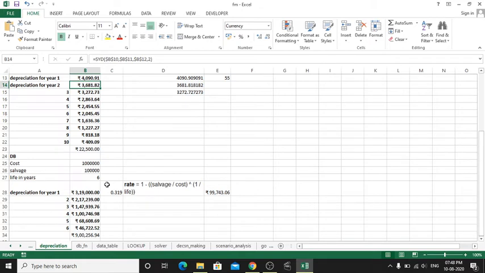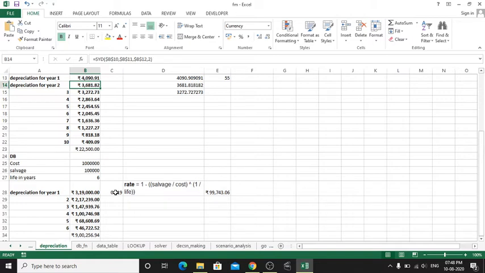Next, let's move on to the DB function. So what is the DB function? It is declining balance. It's not depreciation or something like that. DB means declining balance, so it uses a fixed rate. Here we have one more value that we consider, not in the formula, but for the actual calculation: we need a fixed rate.